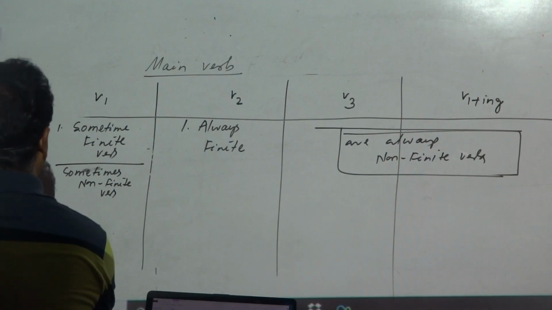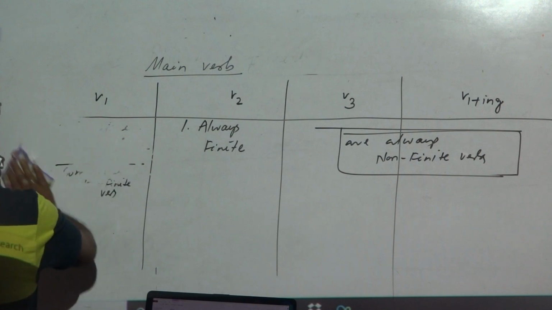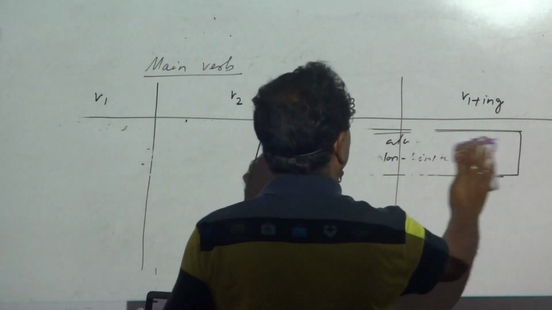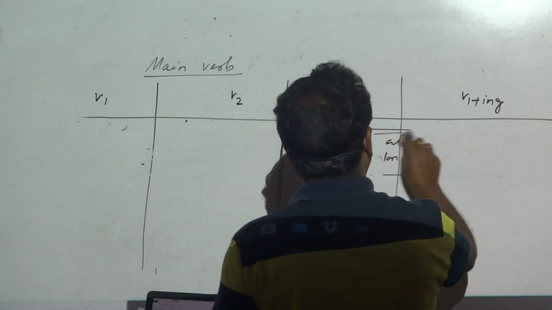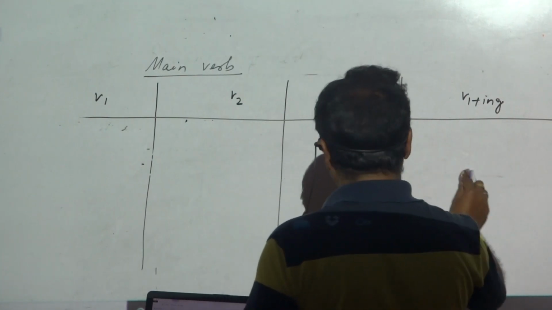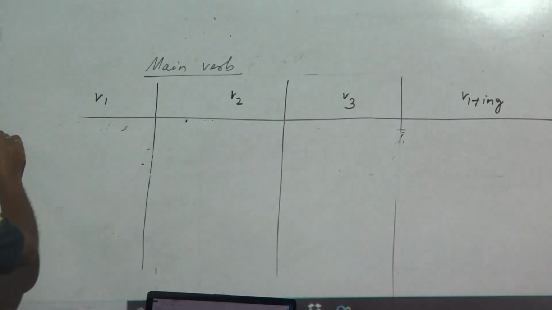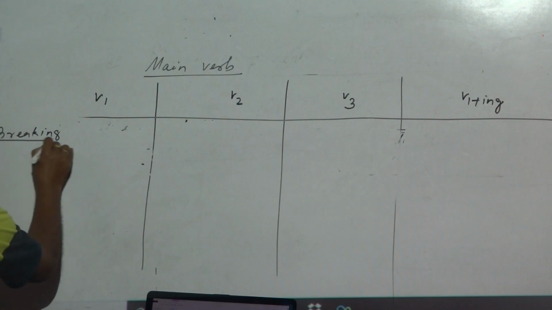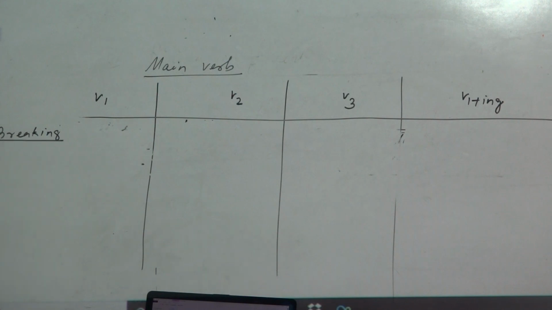Now, we will go to its application. What is application? Now you see, if the word is written breaking, if somebody asks you, breaking is a verb, or what is the part of speech of breaking?